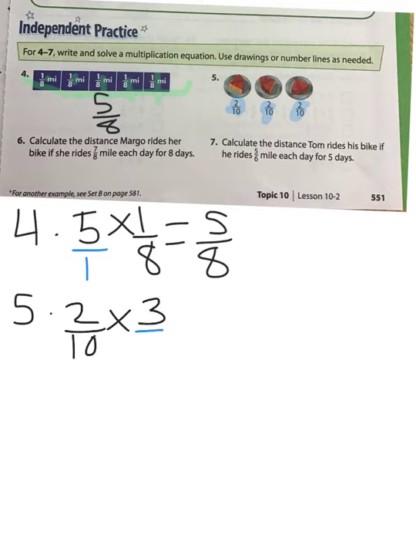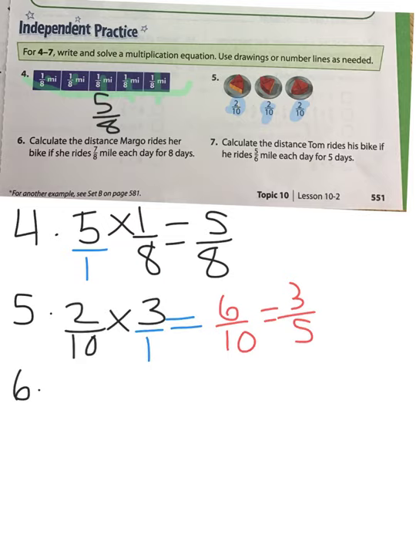Make 3 into a fraction, so 3 over 1. Multiply across, and you'll get 6/10. So you can just leave that, or you can reduce it. Since both numbers are even, you can divide both by 2, and you can get 3/5. All right, moving on to number 6.